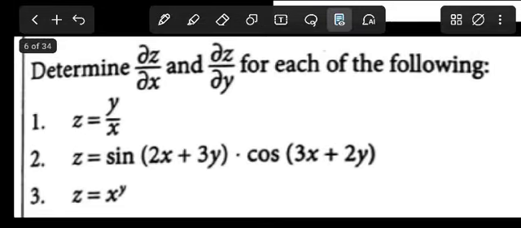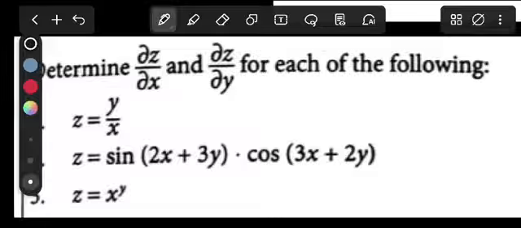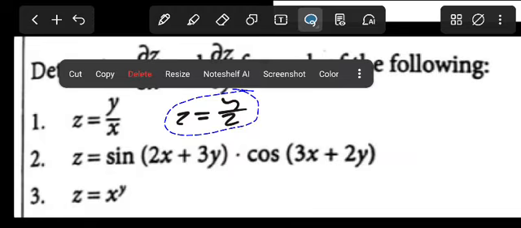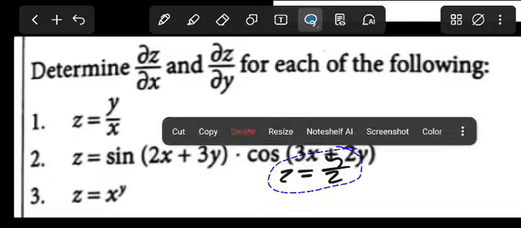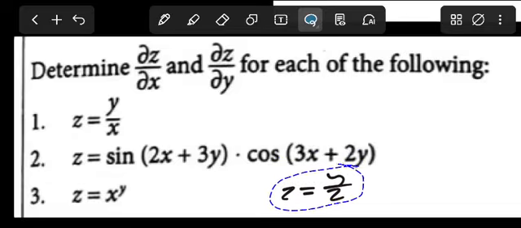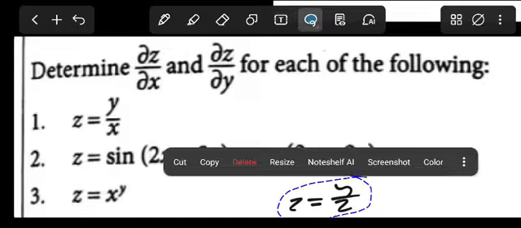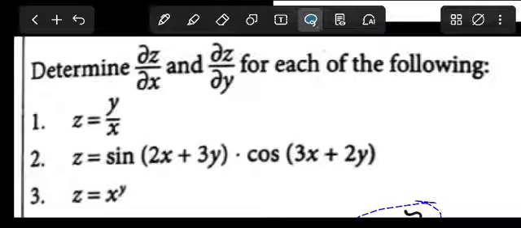Again, number one there. Number one, you're given the y over z there. So we have this again there. You're supposed to find that with respect to what we have there.